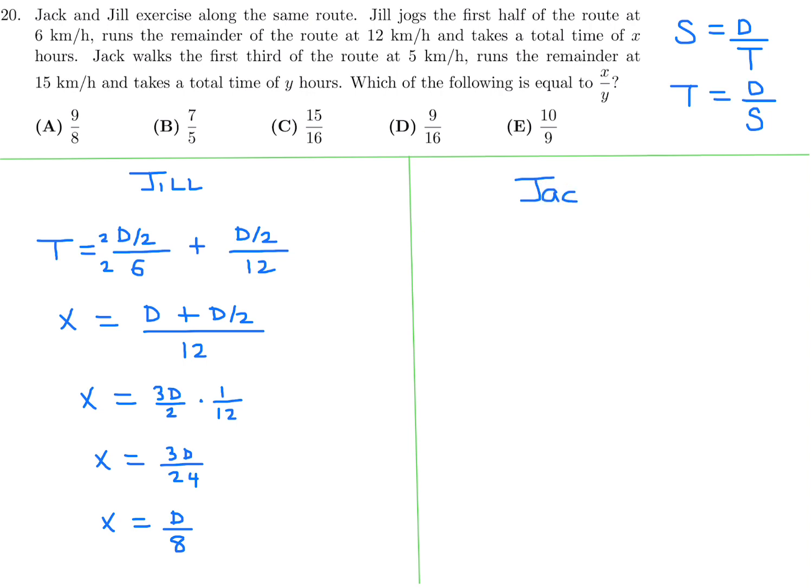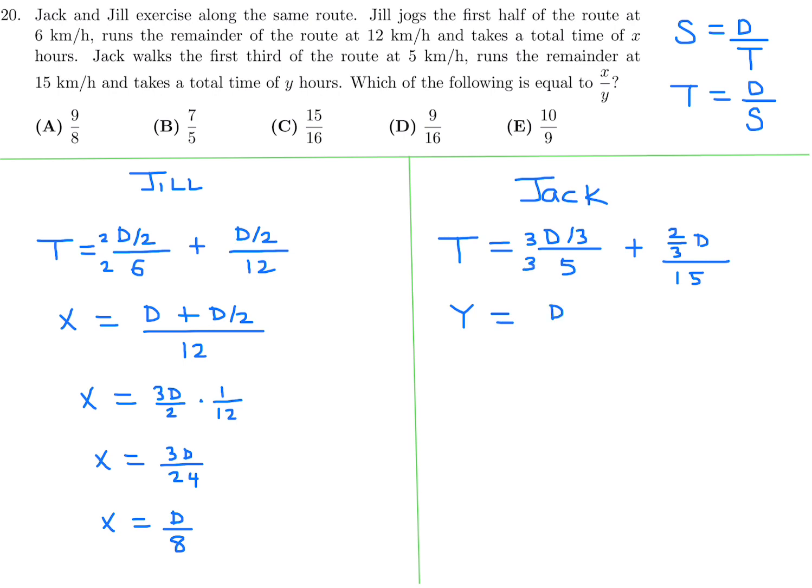Now let's go to Jack and see what his story is. Again, in a very similar way. Jack walks the first third. Okay, so d over 3 for him over s, which is 5 in that first scenario. And then the remainder, which would be 2/3 of d at 15 kilometers per hour. And they're telling me his total time is y. Okay, so that equals y. And again, adding fractions now.